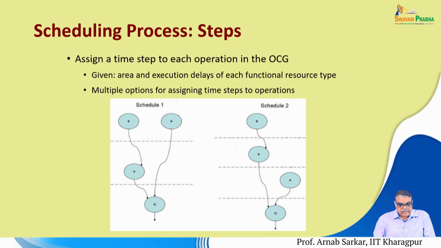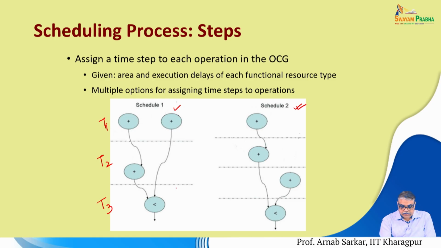For example, let us say there are two schedules, schedule 1 and schedule 2, for the same operations. In schedule 1 we have 3 time steps, time step 1, time step 2 and time step 3. So, this whole set of operations that we require can be performed in 3 time steps.